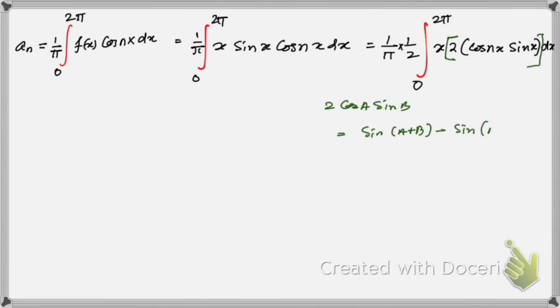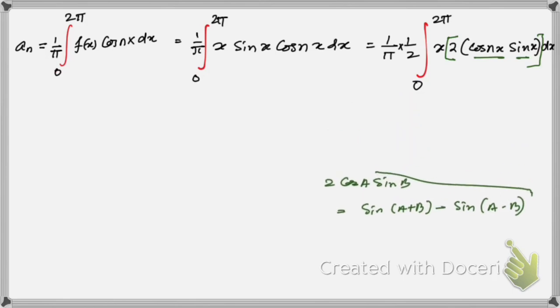So if you use that formula, here you see this is cos a sine b, then you're going to get 1 by 2 pi integration from 0 to 2 pi x sine a plus b.